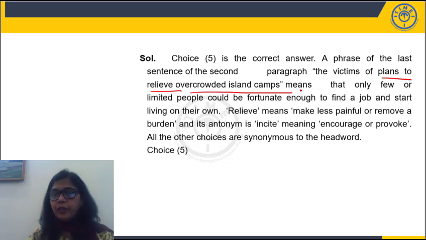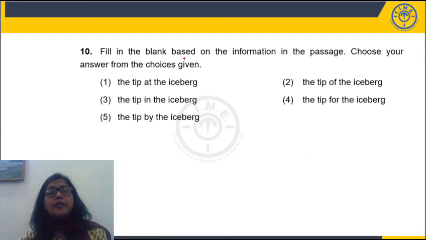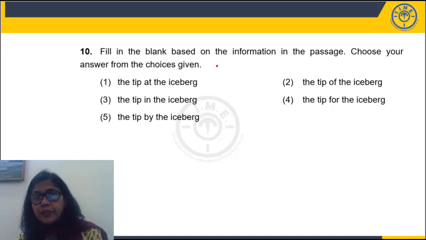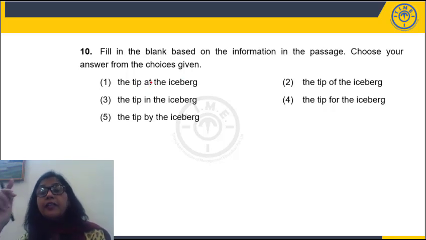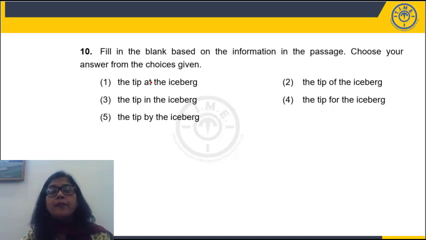All right, moving on. Question number 10. Fill in the blank based on the information in the passage. Choose your answer from the choices given. So this was the 10th sentence that was there, and the option to fill in over here would be, so which is the correct, so this is an idiom, right?